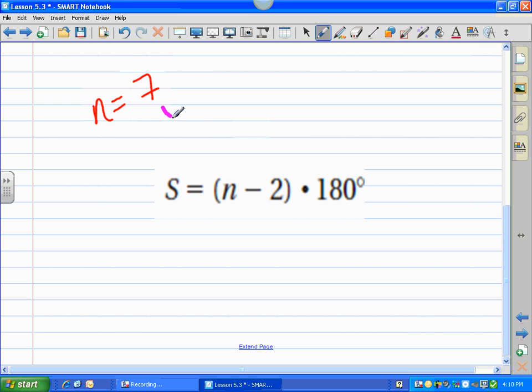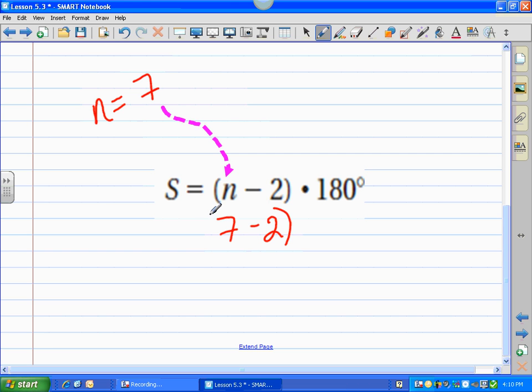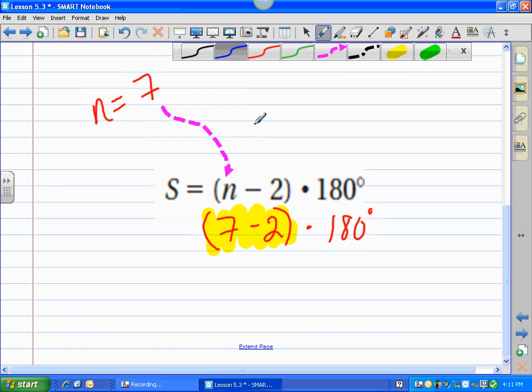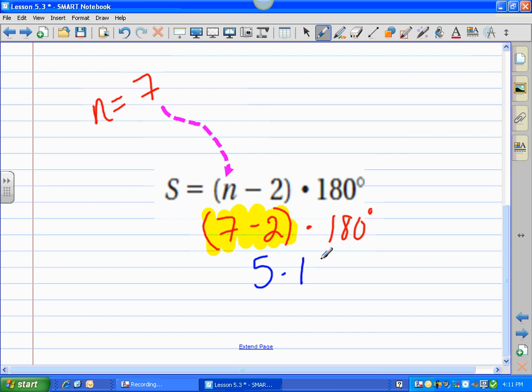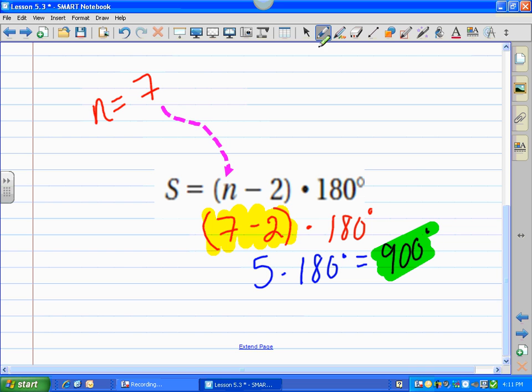Now I'm going to plug and chug into my formula. Do what's inside the parentheses first. Now I'm going to multiply 5 by 180 degrees. When I do that, it gives me an answer, again, of 900 degrees. So any 7-sided polygon, any heptagon, has a total of 900 degrees.